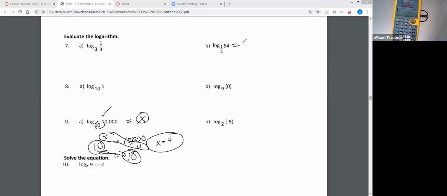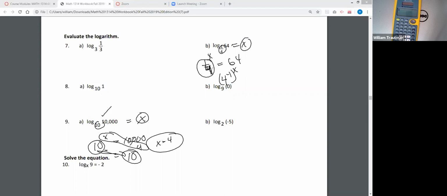We're trying to find x. We're trying to find what this thing equals. So it's the base, 1/4, to the x power equals 64. Well, 1/4 is 4 to the -1, and then we still have an x power, right?